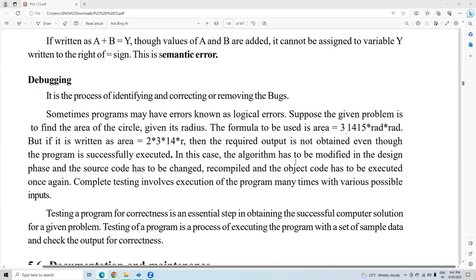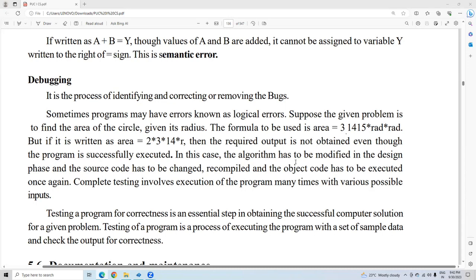There are no runtime errors, no semantic errors, no syntactical errors, right? The program is running fine. I'm feeding the input, but the expected result is not coming. Such kinds of errors are called logical errors, which will not be notified by the compiler to the programmer.